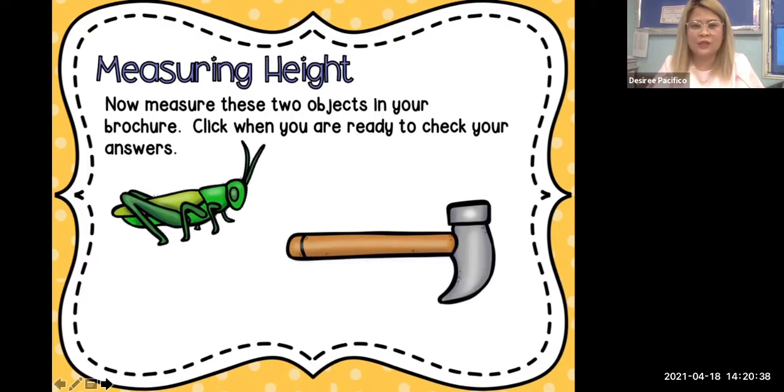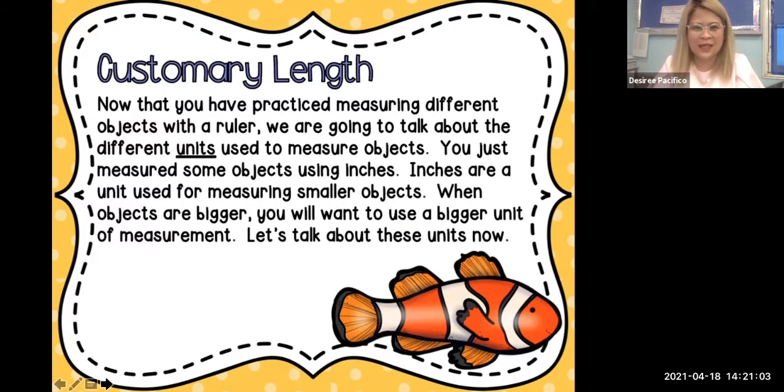Now measure these two objects on your own using your ruler. You can take a screenshot of this slide so you can write it in your book and measure it properly. Yes, it's 2 inches here, and we have here 7 centimeters.